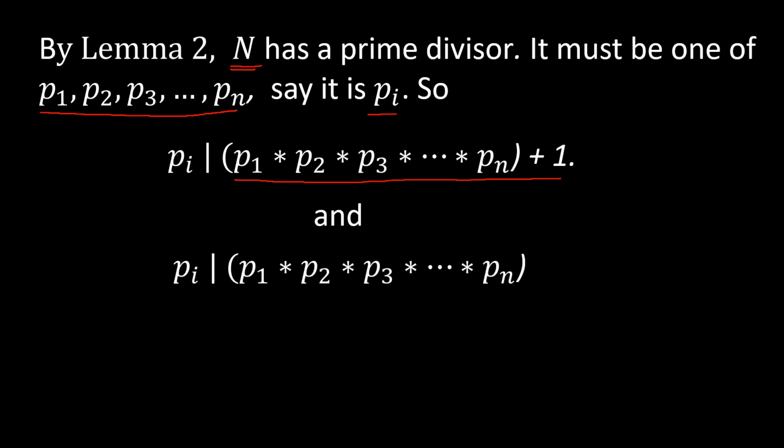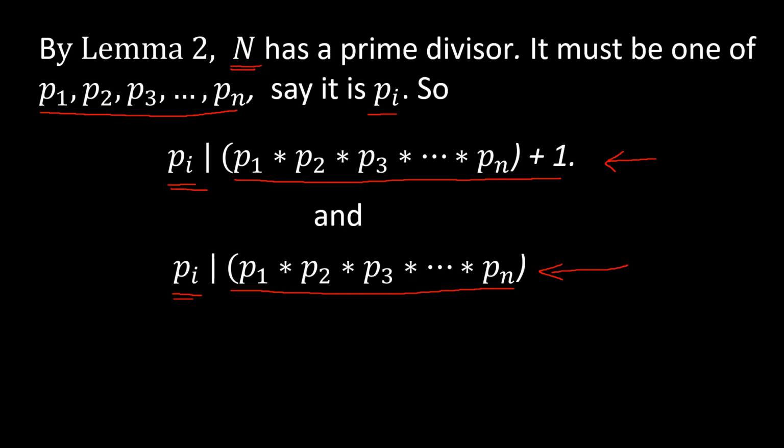Now, this statement here is not from the lemma, but it's just clear, and I'm going to explain why that is clear. Now, pi appears in this product somewhere over here. That's pi. So pi obviously divides this because pi is here somewhere in this product. Now, looking at this one and this one right here, the prime pi divides both of them.